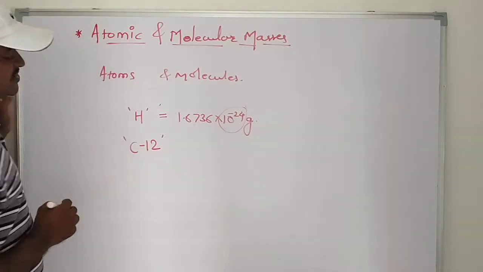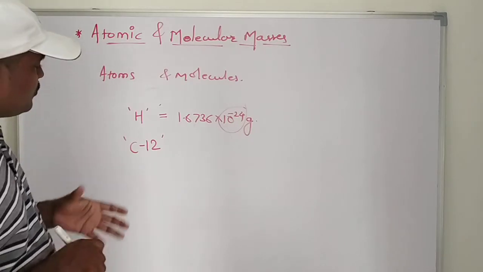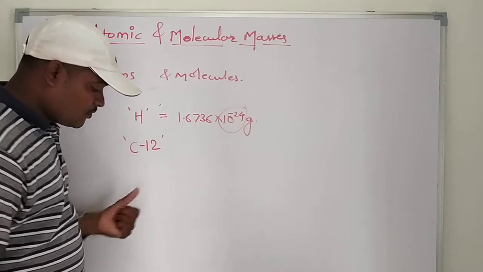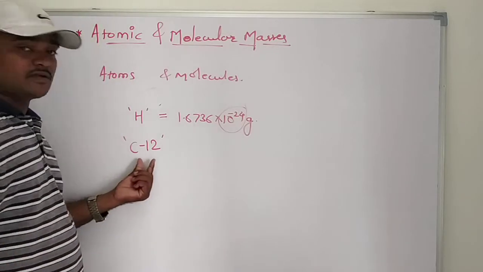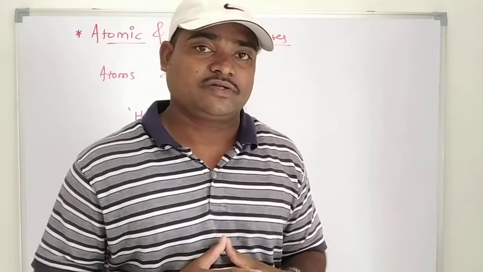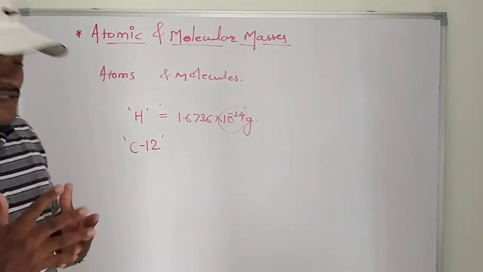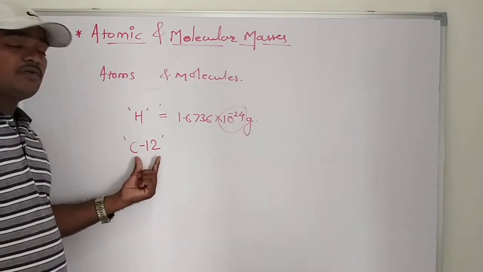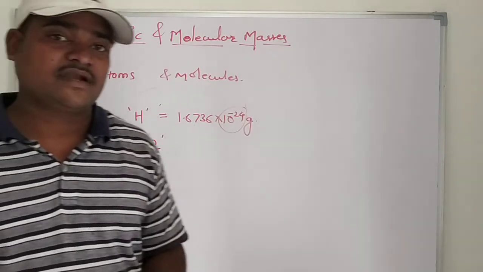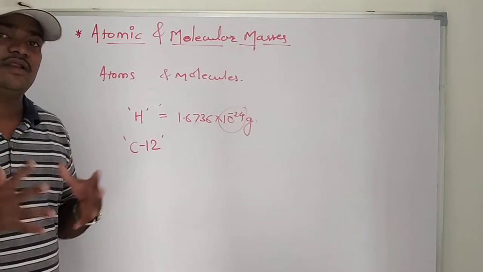If you want to measure the atomic mass of any particular element, then we have to take the help of carbon 12. Why is carbon considered, and not neon or sodium? The reason is that carbon 12 is chosen as an internal standard for the calculation of atomic weights of other elements.